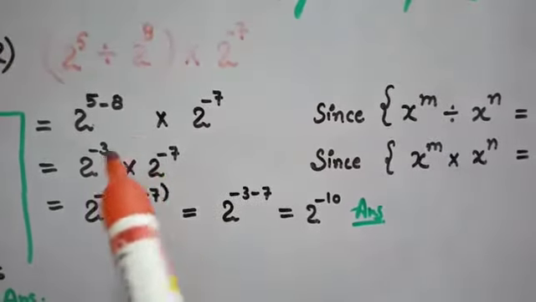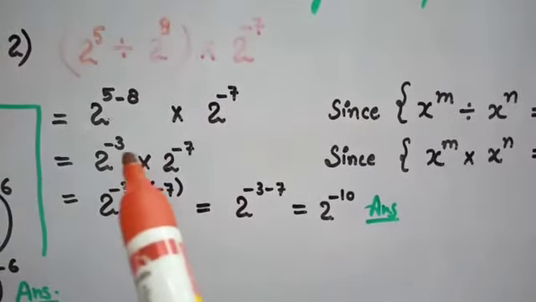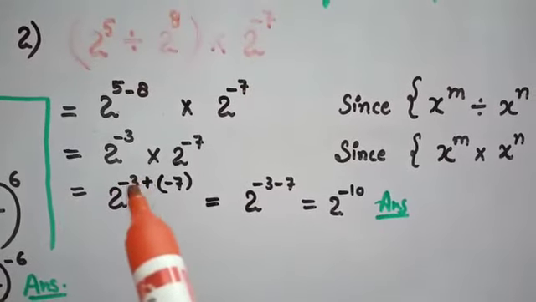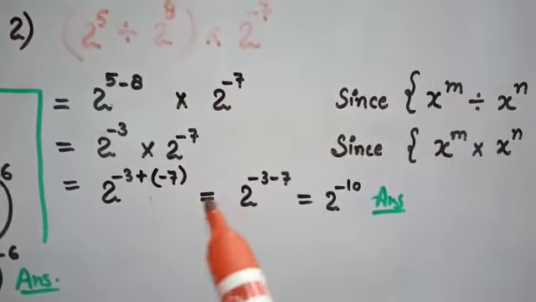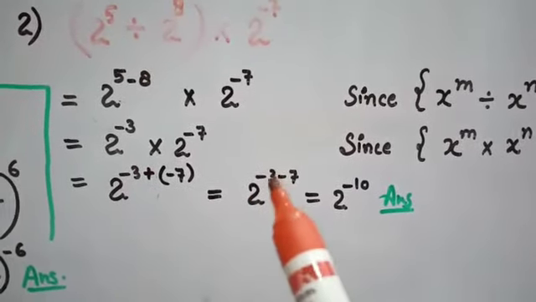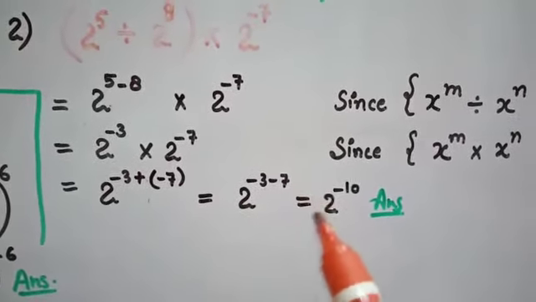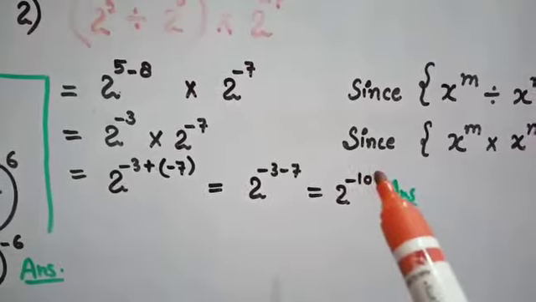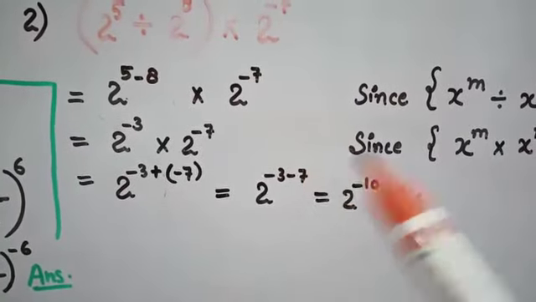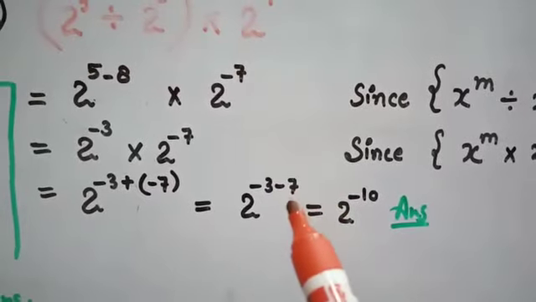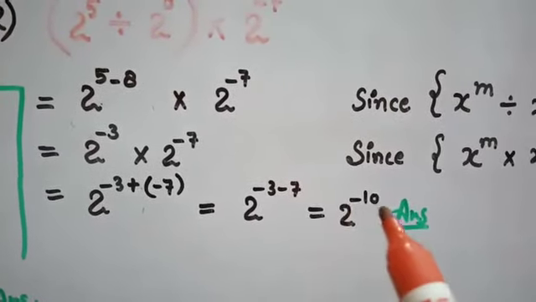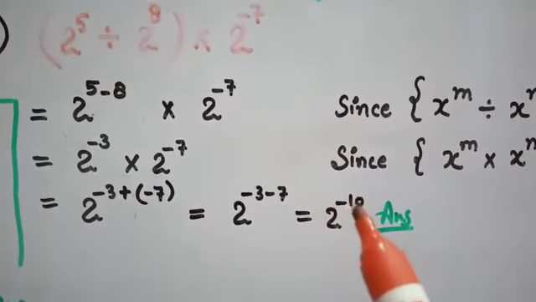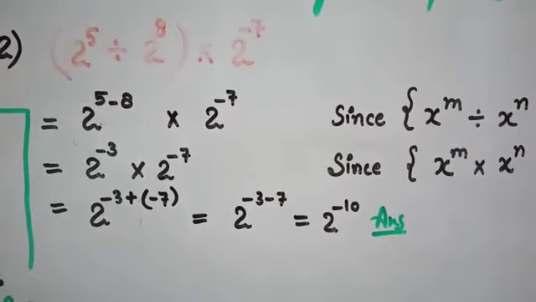Bases are same, powers are different, and in between there is a multiply sign, so powers will be added. 2 to the power of minus 3 plus minus 7 equal to 2 to the power of minus 3 as it is plus minus 7, equal to minus minus plus, 3 plus 7 will be 10, and there is a minus sign before greater number 7, so we will put minus, and it will be 2 to the power of minus 10. Answer is 2 to the power of minus 10.